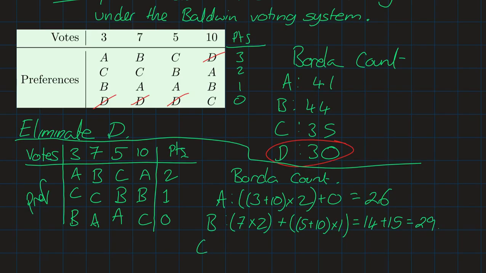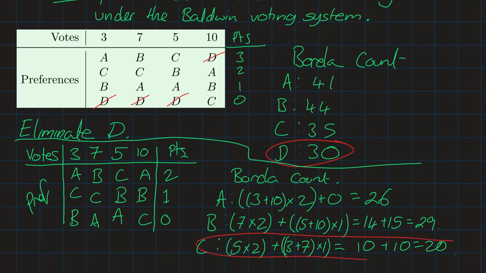And finally C is going to get 5 times 2 plus 3 plus 7 times 1, plus 0, so don't worry about it. That's equal to 10 plus 10, which is 20. So C got the fewest points with 20, so we eliminate C.